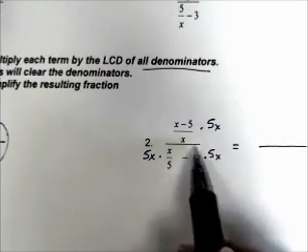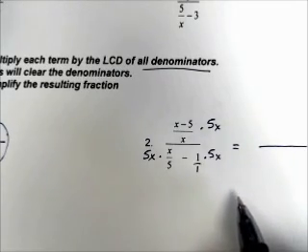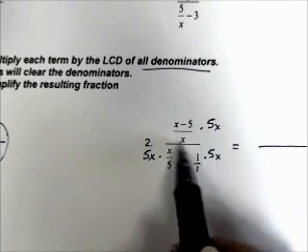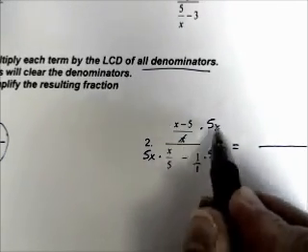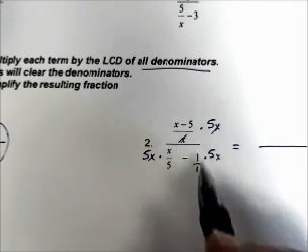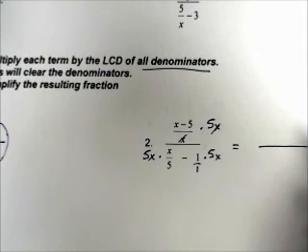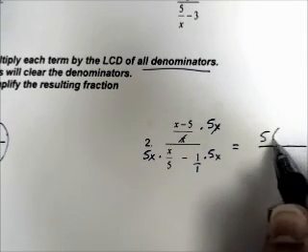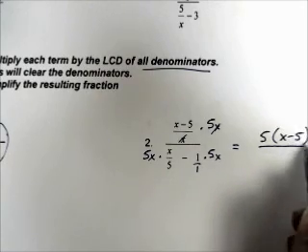All right, I'm bringing over the fraction bar. Now, when I go to multiply, the x's would divide out, so we're simply left with 5 times x minus 5, well, maybe we'll leave it in factored form, actually. 5 times x minus 5.